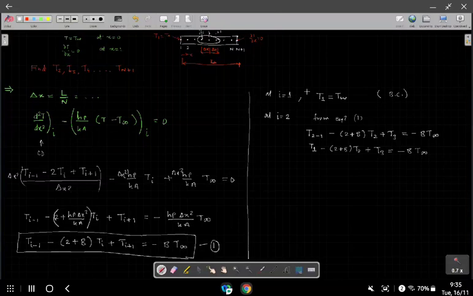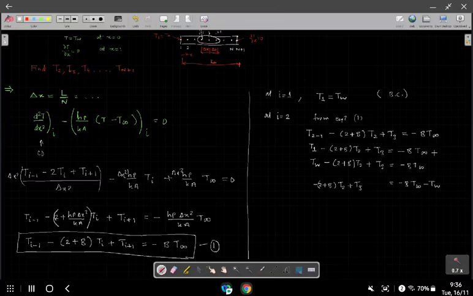So from this first equation, T1 is known, T1 is Tw. Tw minus 2 plus B T2 plus T3 is equal to minus B T infinity, which is nothing but minus 2 plus B T2 plus T3 equal to minus B T infinity minus Tw, isn't it?